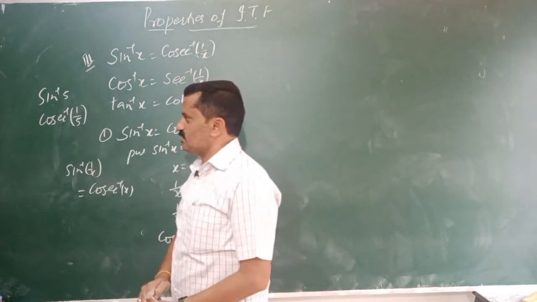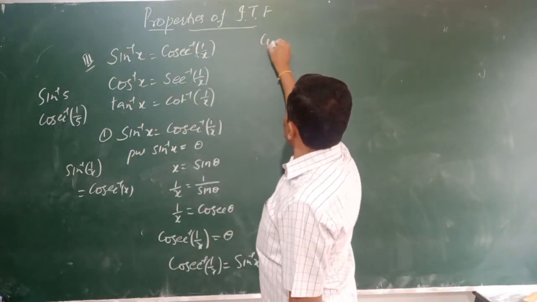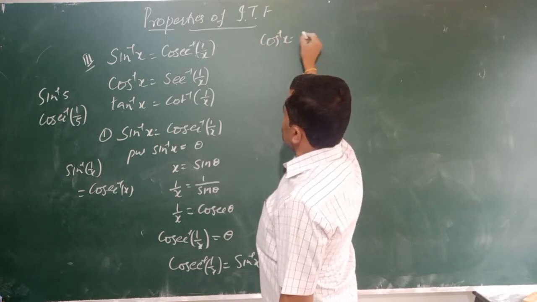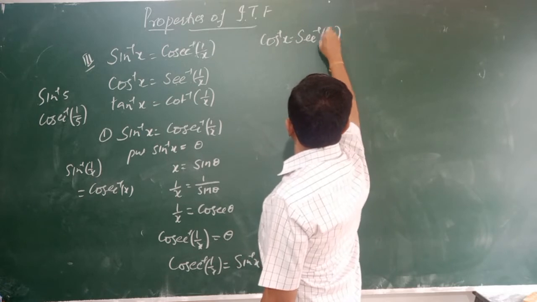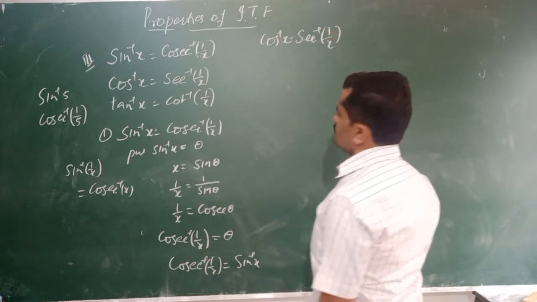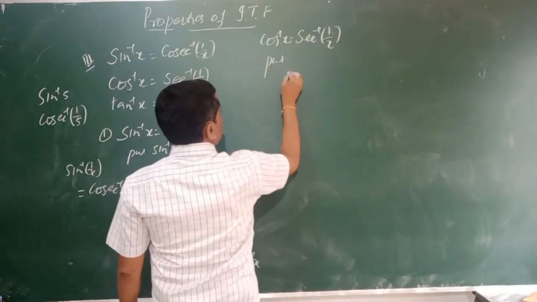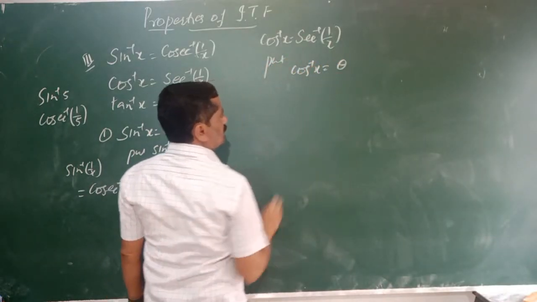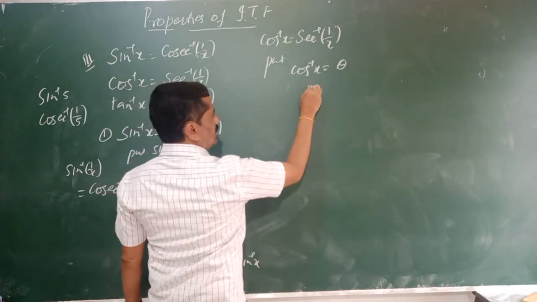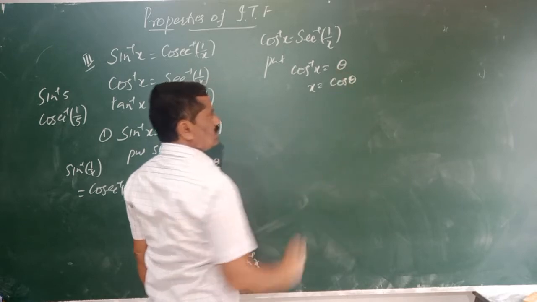Right? Next, the second property: cos inverse of x is equal to secant inverse of 1 by x. So, put cos inverse of x is equal to theta. Therefore x is equal to cos theta.